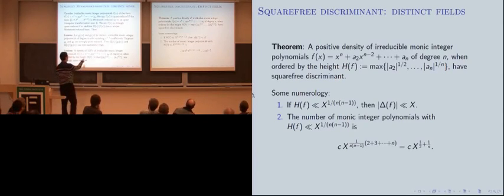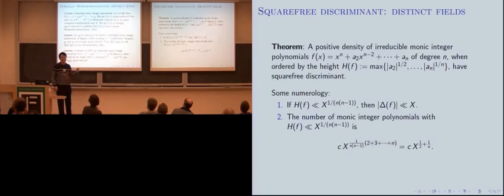Well, a2 can go up to height squared, a3 can go up to height cubed, a_n can go up to height to the power n, and you get this x to the 1/2 plus 1 over n. So that's the number of monic polynomials, and then you multiply by the correct density, something about 35.82%, and you get a constant times x to the 1/2 plus 1 over n distinct monogenic S_n fields.